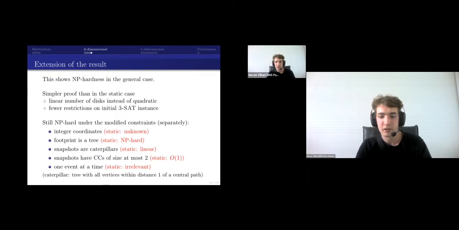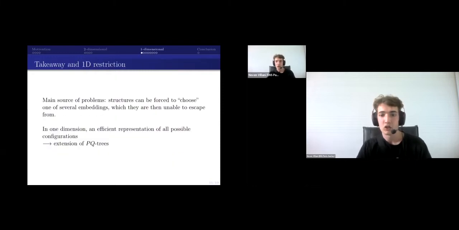But perhaps even more interestingly, we are able to diagnose exactly where the difficulty comes from. And that is from the fact that structures can have several possible embeddings, but not all of these embeddings are compatible with future events.